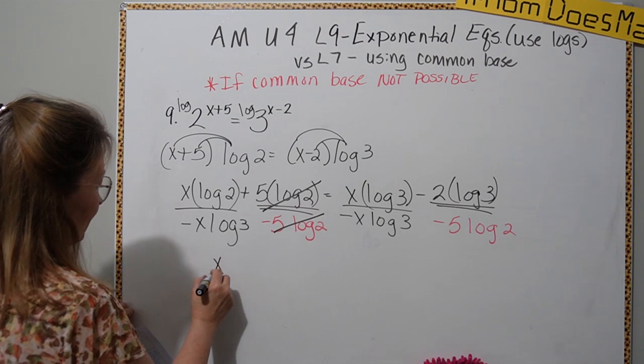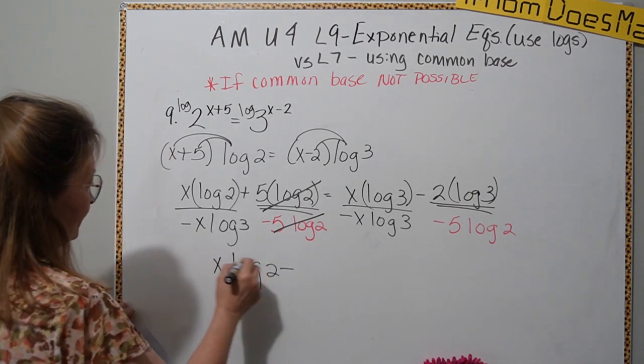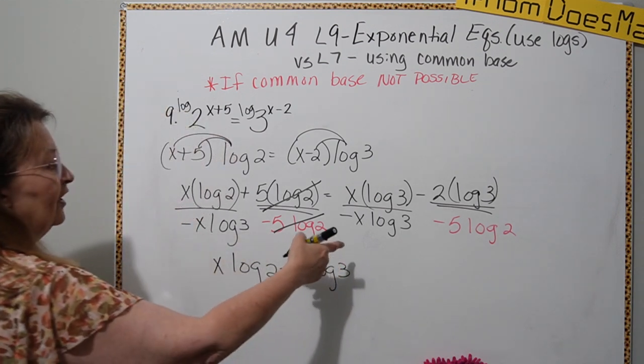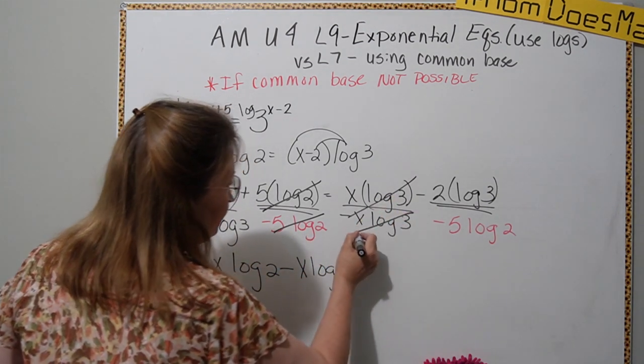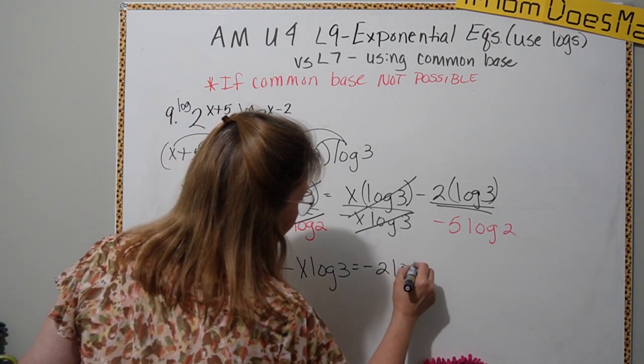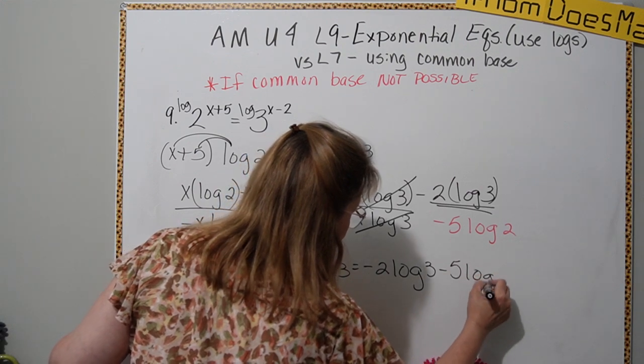All right, so what that's going to do is these two cancel, and what I have left over here is the x log 2 minus x log 3. All right, now over here, these two cancel out, so I have minus 2 log 3 minus 5 log 2.